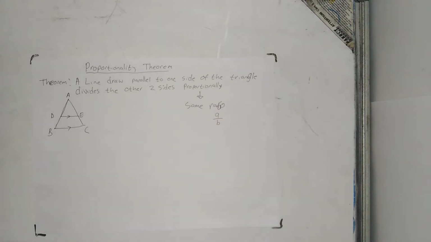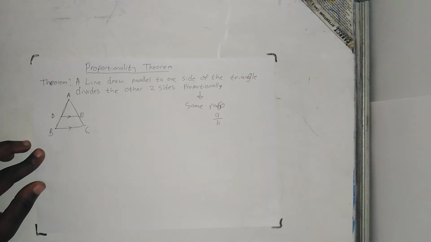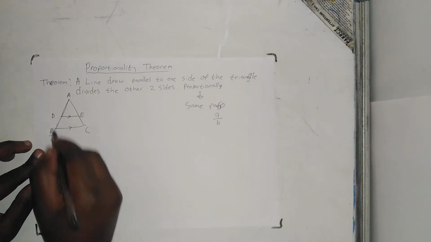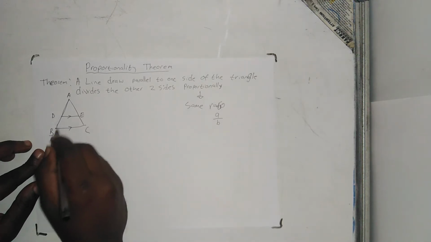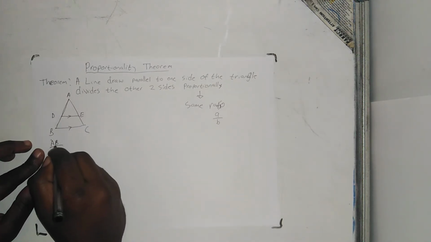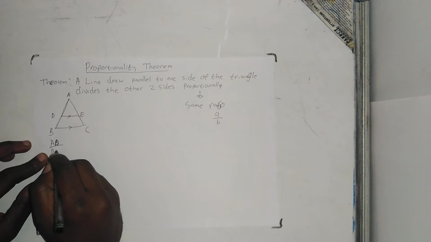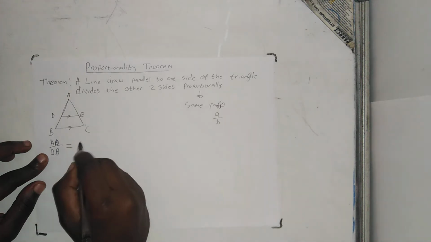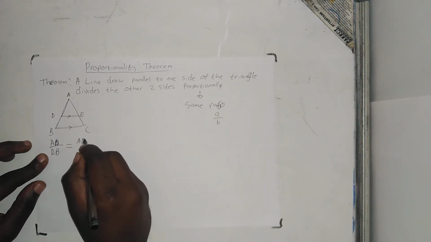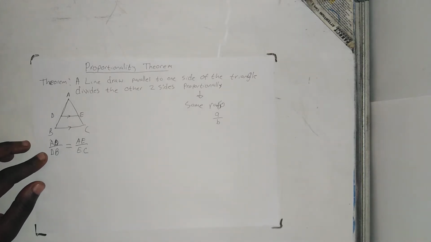So here, if I say this line that I'm talking about will divide this side and this side in a proportional manner, if you express that mathematically, what you simply say is that if you take this side, which is AB, and then this side from here to here, AD, and then you divide it by DB, that is going to be equal to AE over EC.